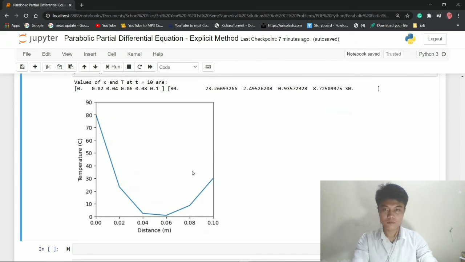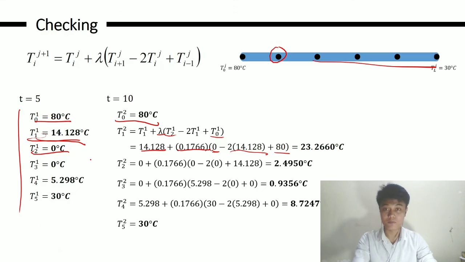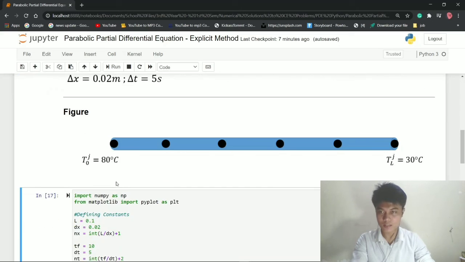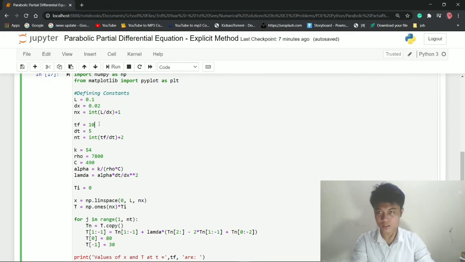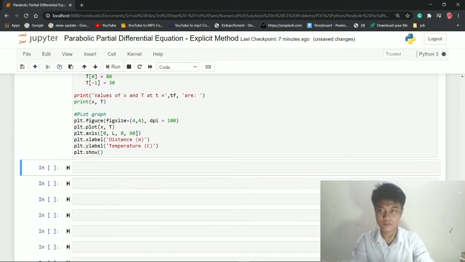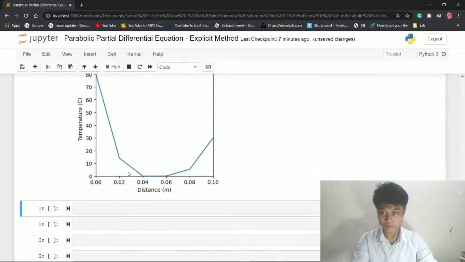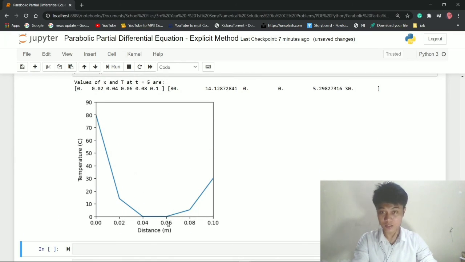Now, so, sagutan na natin yung ating problem. So, yung ating problem sa A, at t is equals to 5 seconds, x is equals to 0.04 meters. So, salpak natin yung 5 seconds, change natin itong tf into 5. And then, hanapin natin yung distance niya at 0.04. So, ito.